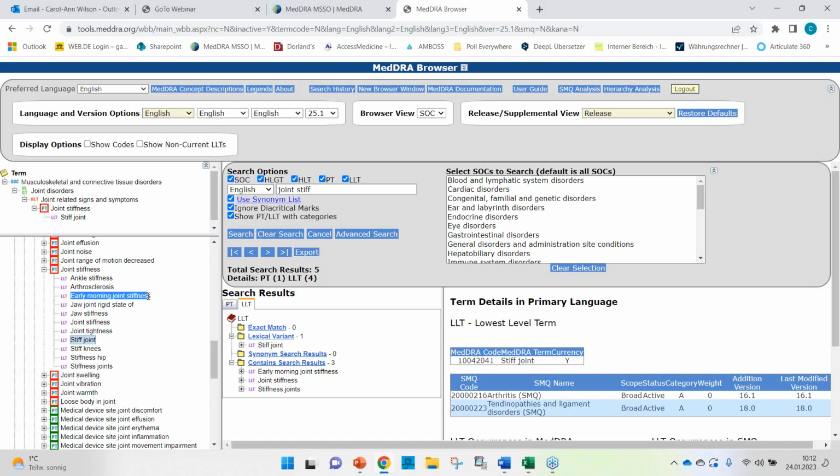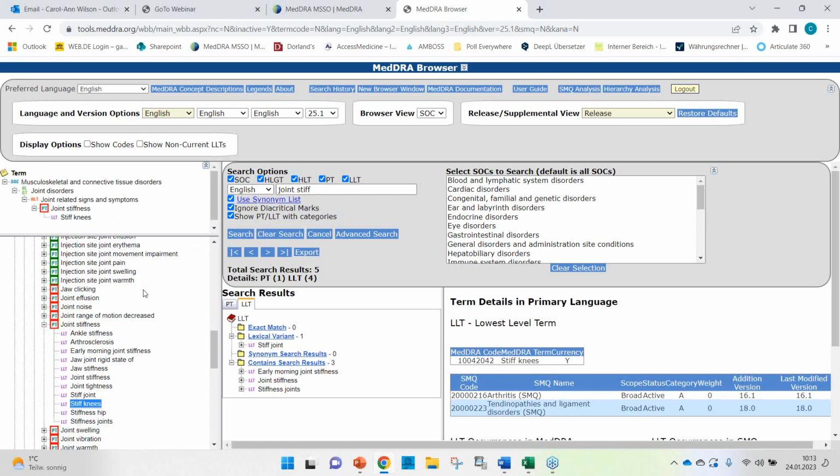And we have the early morning joint stiffness under this PT joint stiffness as well. There's no specific term available for the finger joint stiffness, but we have the stiff knees. This again would capture the plurality that both knees are affected, and we have the option to go to early morning joint stiffness.